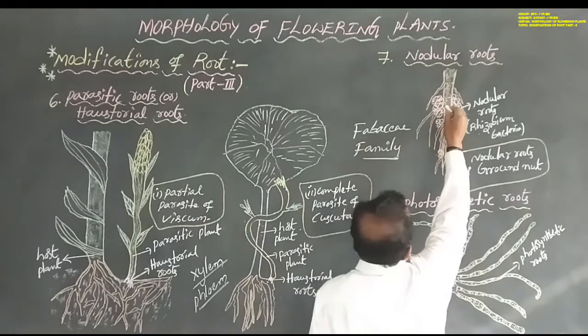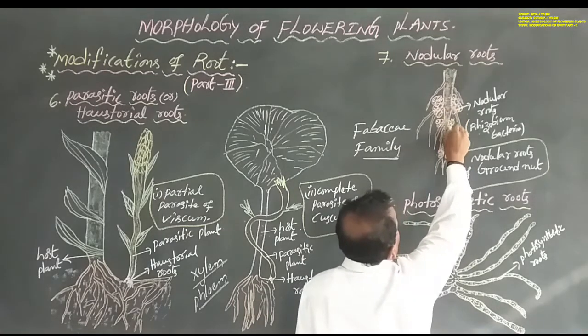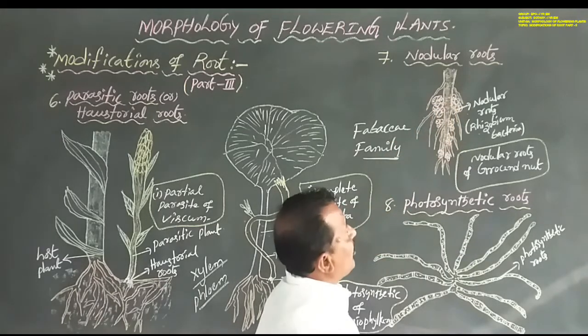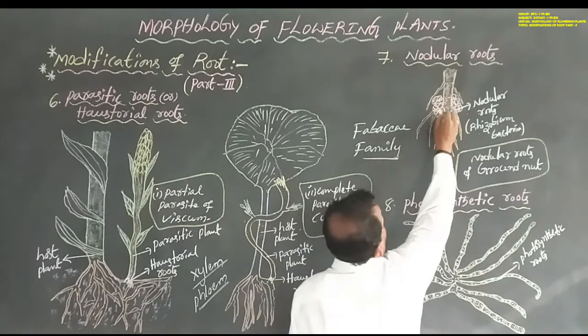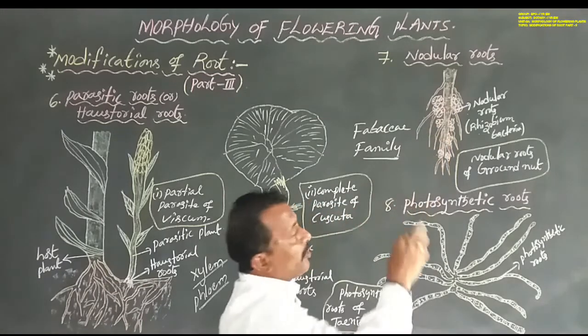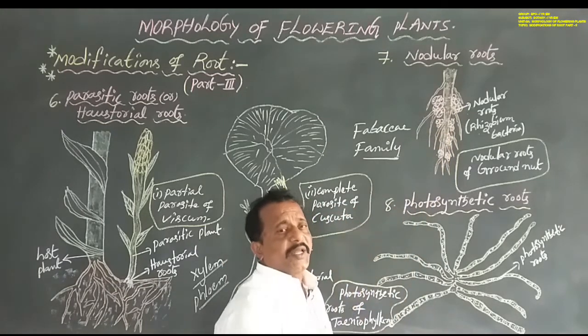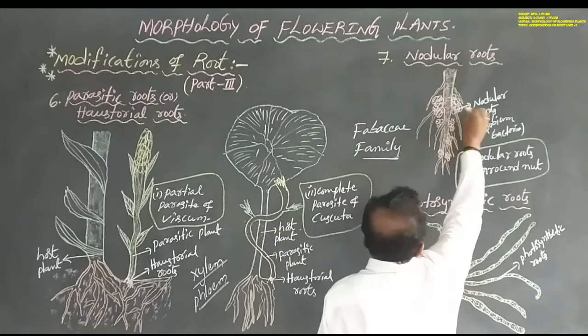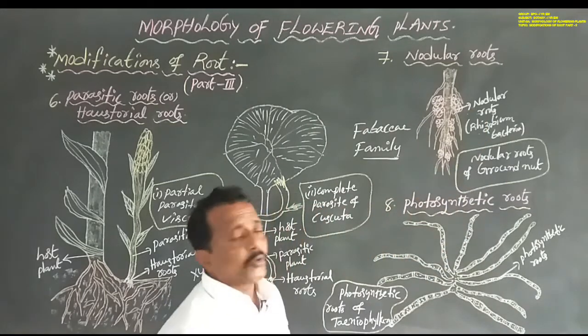Dear students, this is a groundnut root system. This groundnut root system contains small nodules, which appear as bunch-like structures. These roots are named nodular roots.